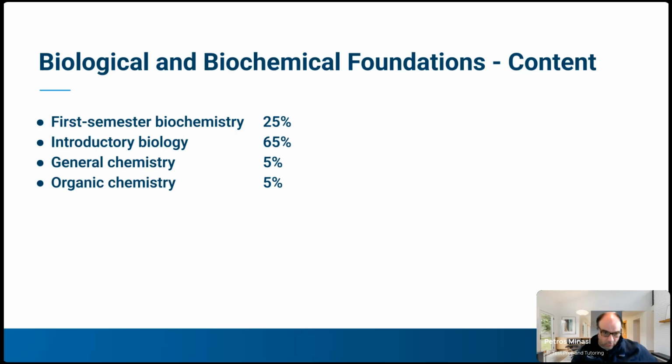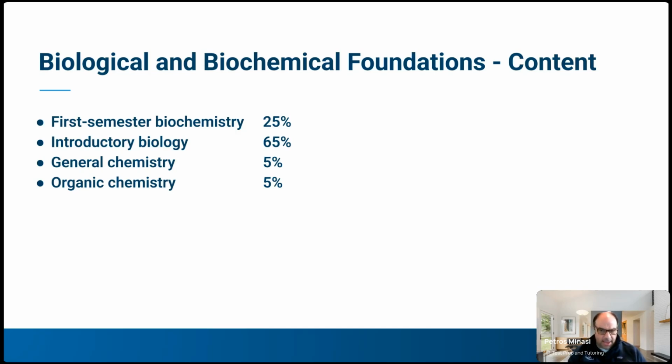Biochemistry actually shows up pretty equally in these 2 sections. In terms of introductory biology, of course, that's going to be there. But remember, introductory biology has elements, very much so, of physics and chemistry that's built into it. So you'll see some general chemistry. The misleading one on this page is the organic chemistry. You think, it's only 5% of this section of this test.